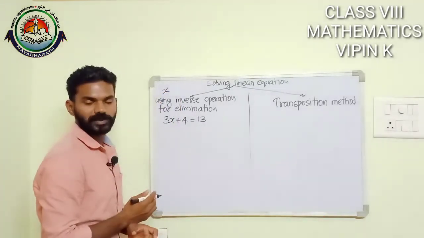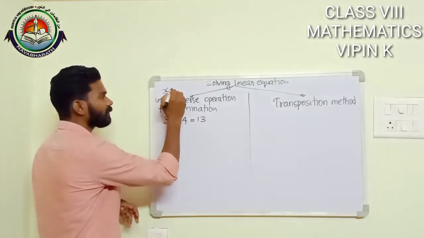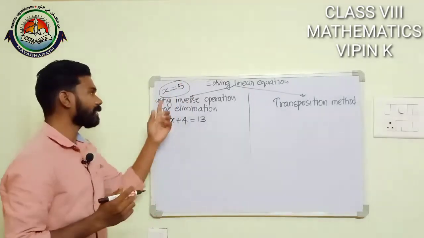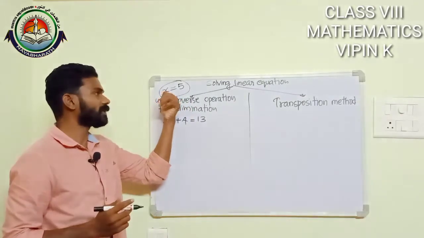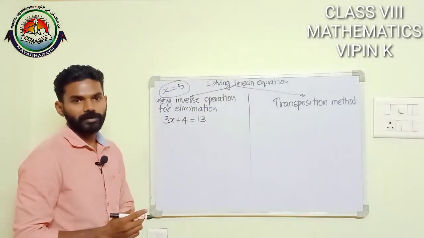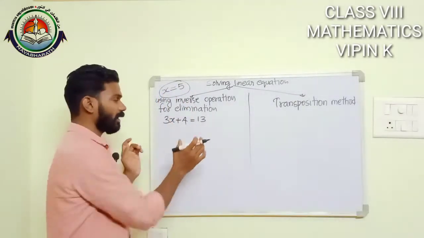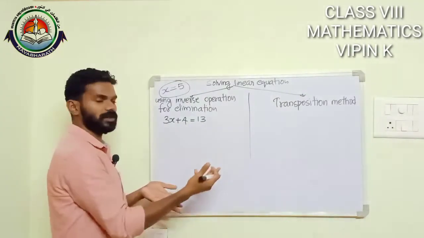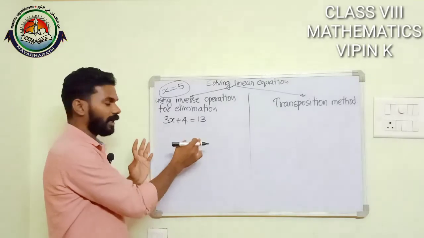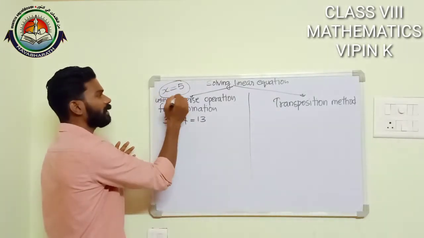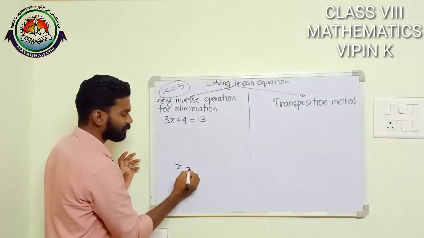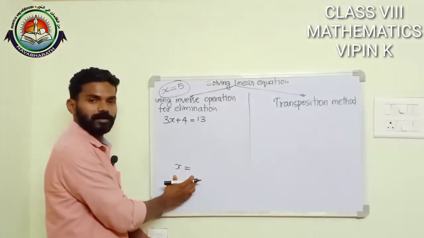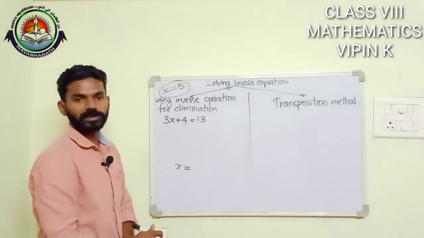You can say it like x equals 5. Clear? x equals 5 means the value of x is 5. Actually, our aim is to change this equation and finally reach something like x equals a number. That would be the solution of this equation.